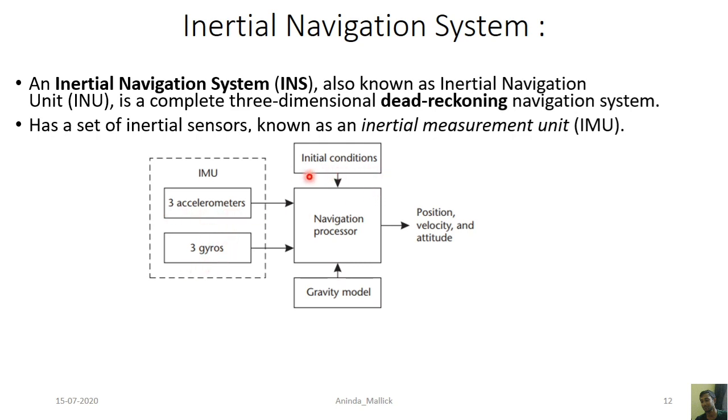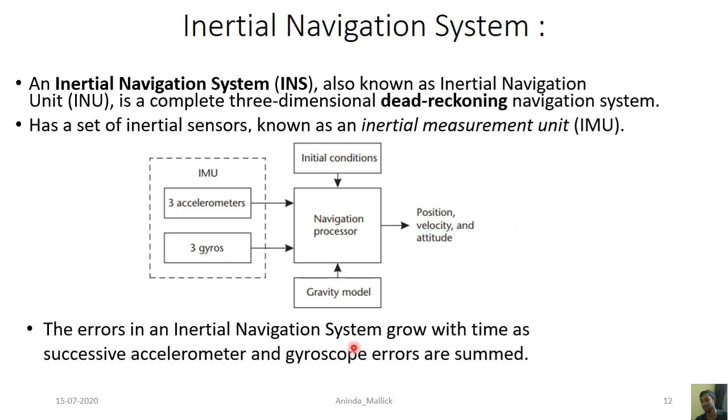The initial condition is also required. In the navigation process, these 2 things, the initial condition, mainly the previous position, and the sensor data, then give you the output: position, velocity, altitude, etc. As I discussed before, in case of dead reckoning, the sensor errors get added over time. This is the main disadvantage of dead reckoning as well as the inertial navigation system.